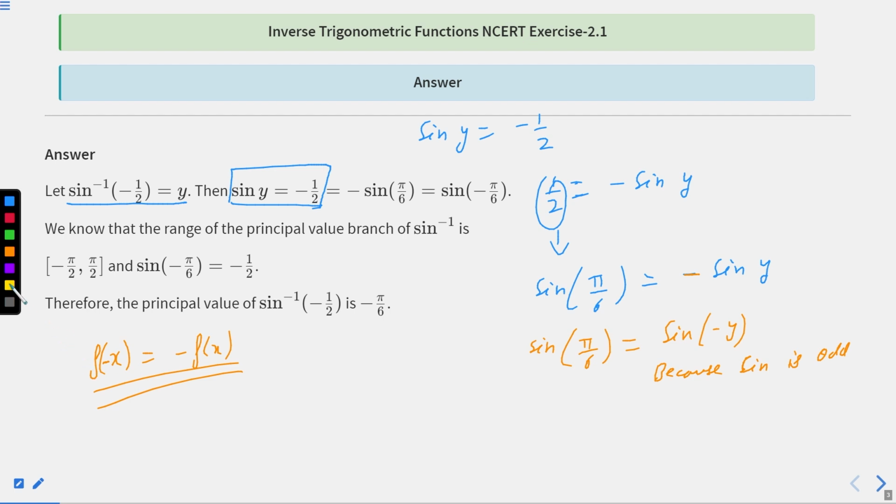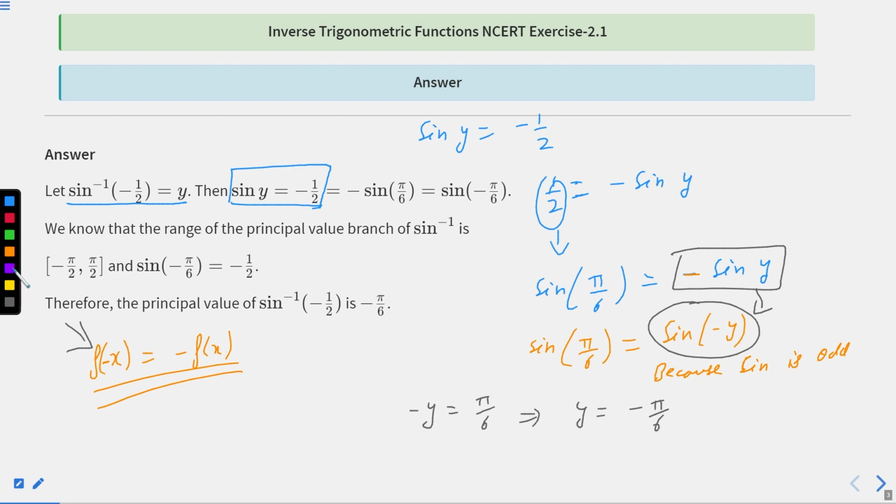So I can easily rewrite this, and from this I can say minus y is equal to pi by 6, and so y is equal to minus pi by 6.